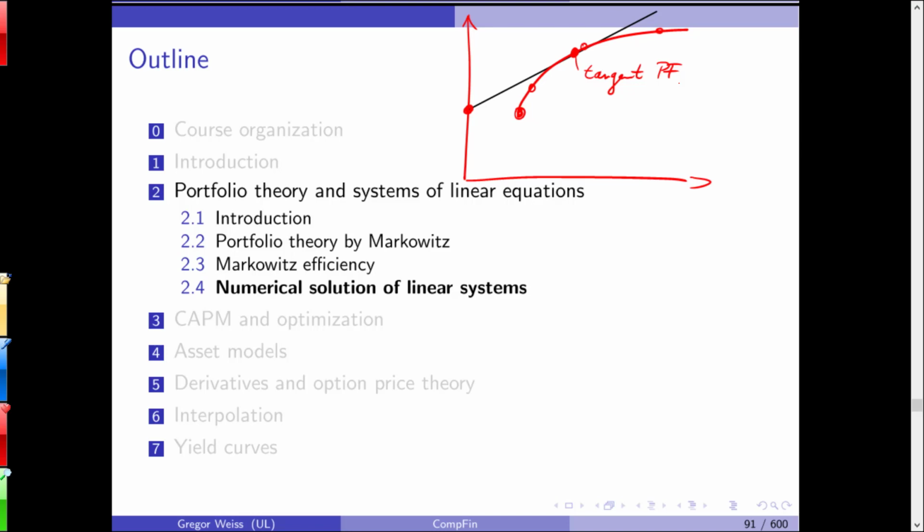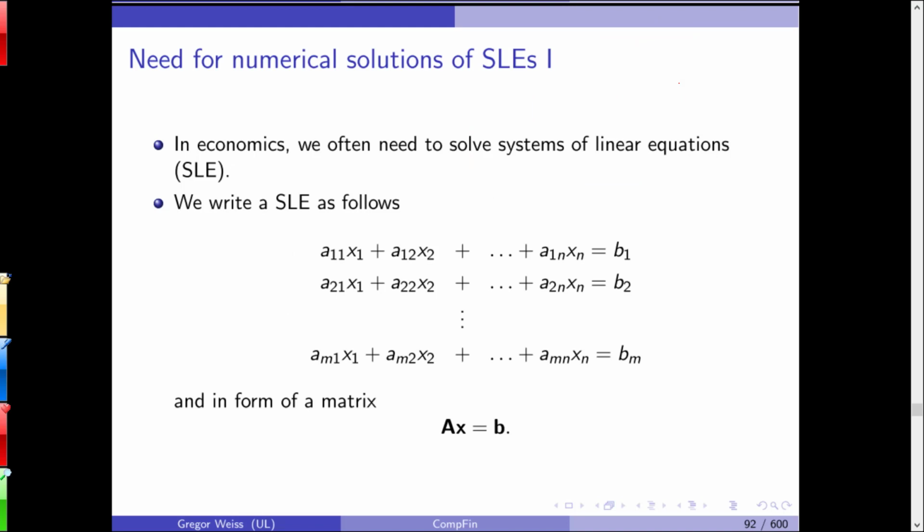Let's continue with 2.4. The numerical solution of a system of linear equations, German lineare Gleichungssysteme. Actually, in economics, you will see this at numerous times and in numerous places.